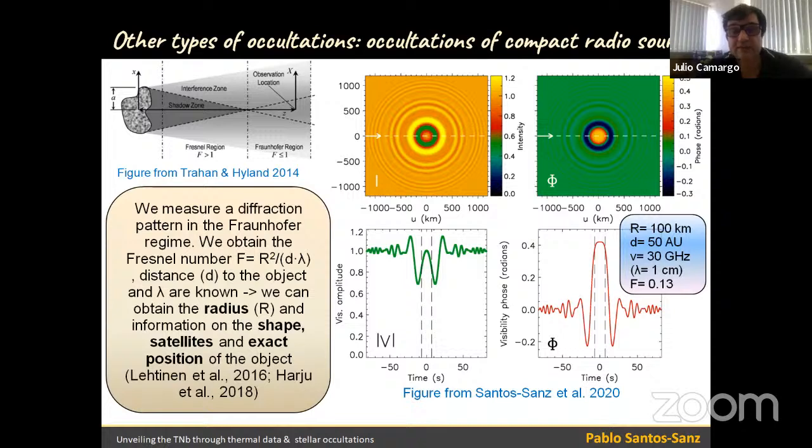The point is that first we'll have the LSST that will increase a lot the number of trans-Neptunian objects, and also Gaia that will discover or at least map, I don't know exactly the number, perhaps 500,000 compact extragalactic sources.